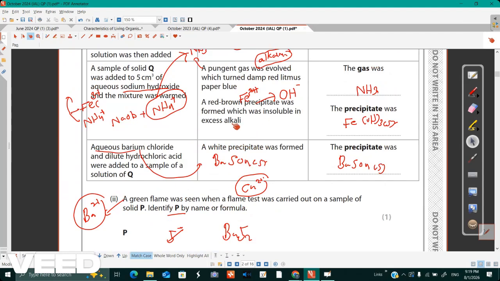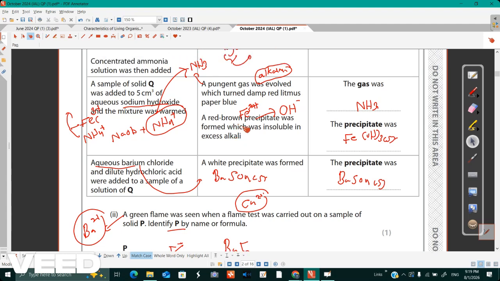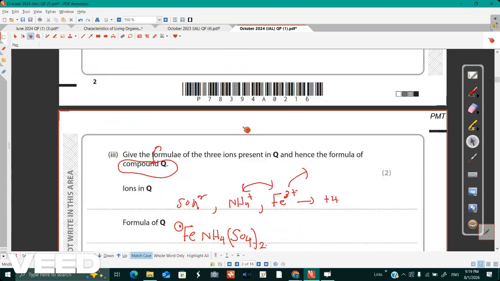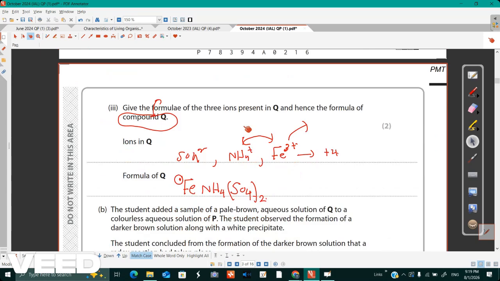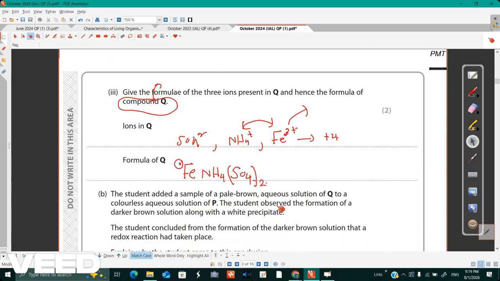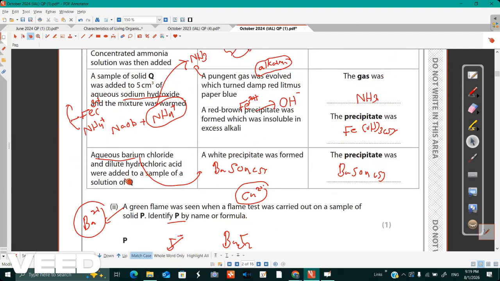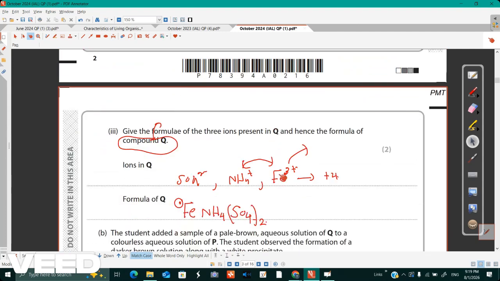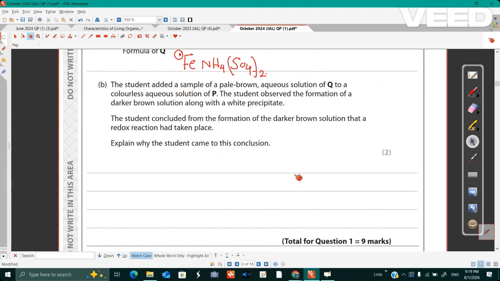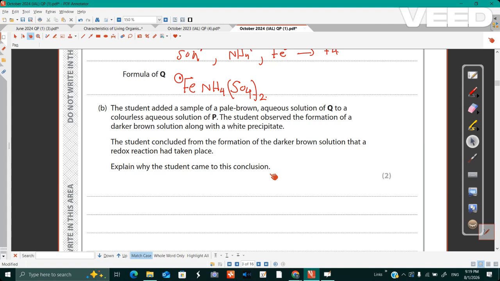They are talking about a red brown precipitate. Now they said a pale brown aqueous solution of Q. Okay, now you have Fe, you have ammonium, and also you have sulfate, added to a colorless solution of P.